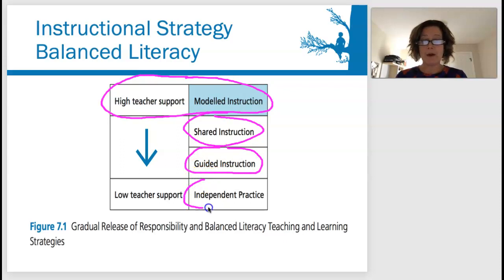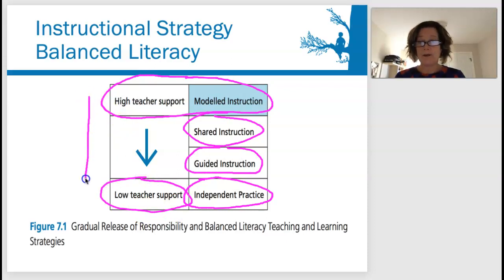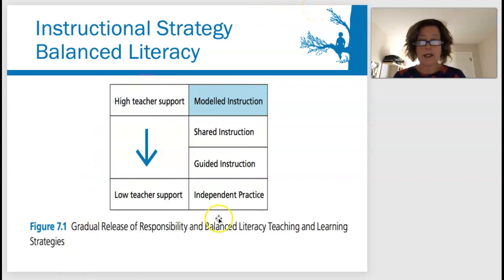And then ultimately what we want them to become is able to have some independent practice. So that is, again, low teacher support. So we're going from high teacher support, let's see if I can draw an arrow, to low teacher support. Okay, so let's come back to here.